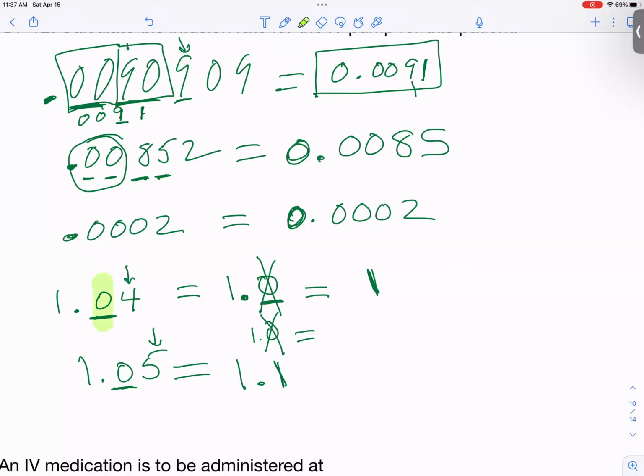So I look to the number to the right, and if it's not 5 and up, I can't round up this number. When I look at this one, I look to the right. I can round up a 5. That's why it's 1.1. But on this one, I don't round up for 4. So that's 1.0, but I'm not allowed to write 1.0 because of the trailing zero rules. Okay.